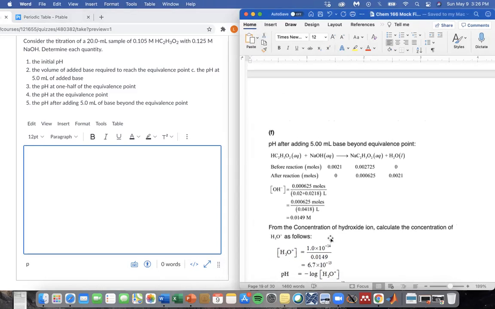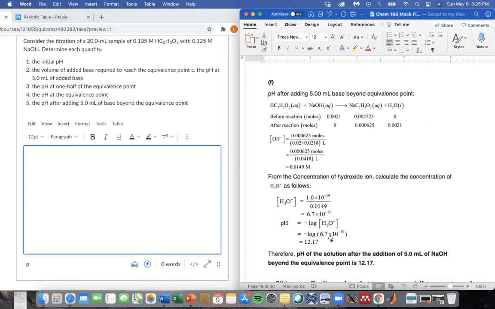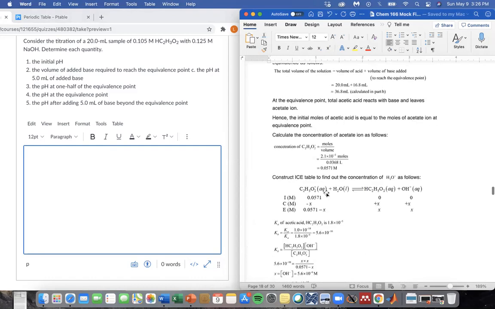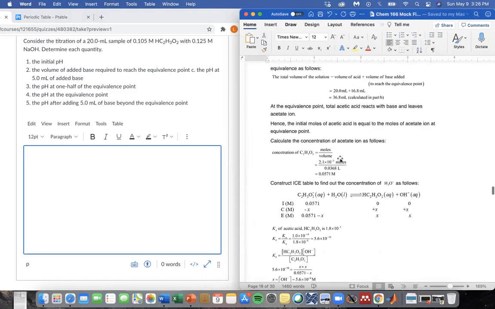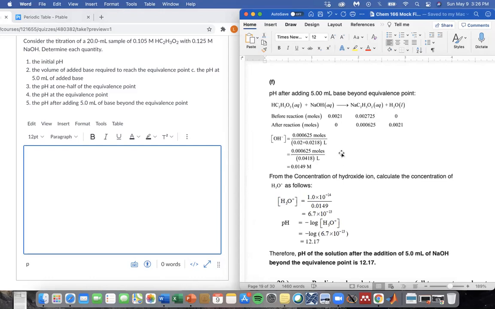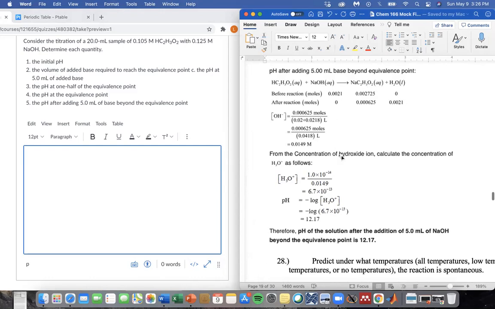And then finally, for adding 5 milliliters past the equivalence point, we just found the volume at the equivalence point.